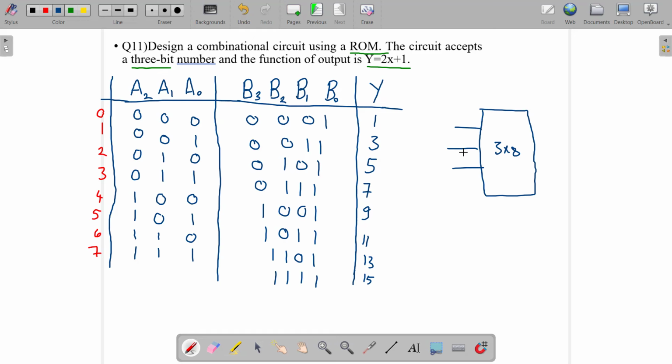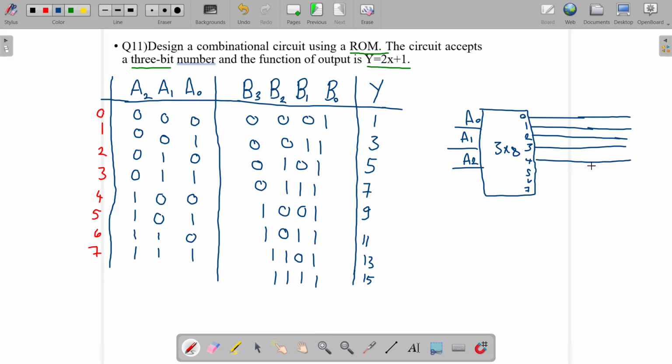Here we have A0, A1, and A2. And also we have 0, 1, 2, 3, 4, 5, 6, and 7 inputs that you can see here.